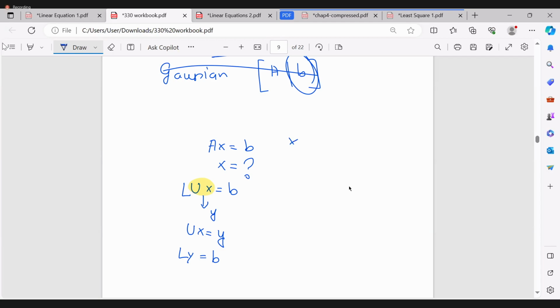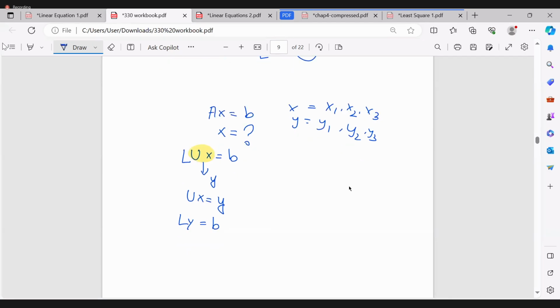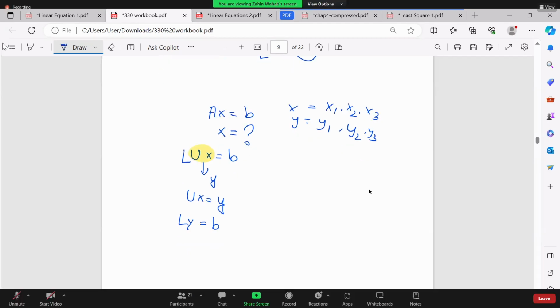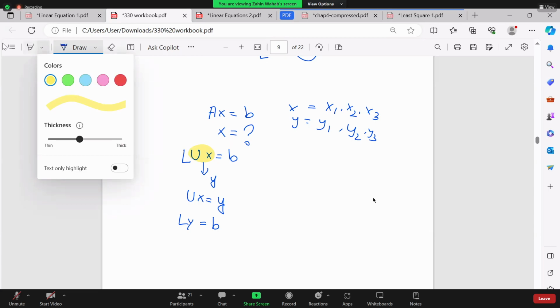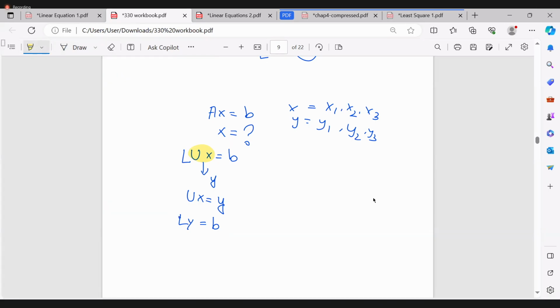Suppose your X is x1, x2, x3, depending on the number of variables, right? Y shall be y1, y2, y3. Since you already have L and you already have B, you can find Y from them, right?